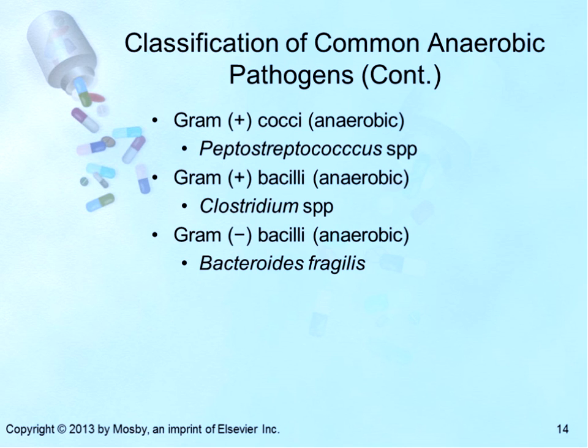For the anaerobics, these include the gram-positive cocci, the Peptostreptococcus species, the gram-positive bacilli, Clostridium species, and the gram-negative bacilli, Bacteroides fragilis. I don't expect that you're going to memorize all these gram-positives and gram-negatives, anaerobic versus aerobic, but make yourself a chart that you can separate these.